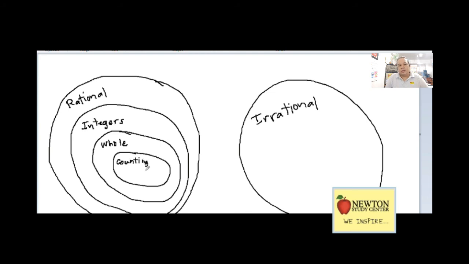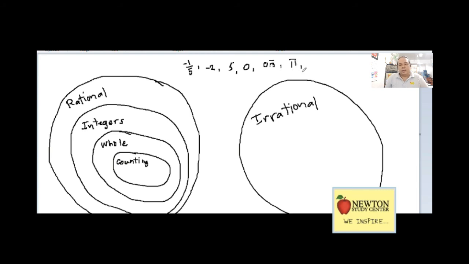So let's say, for example, we have some numbers here. So let's say we have negative 1/5. Let's say we have negative 2, the number 5, 0, 0.3 bar, pi, and square root of 3.